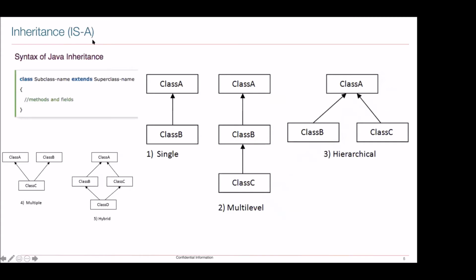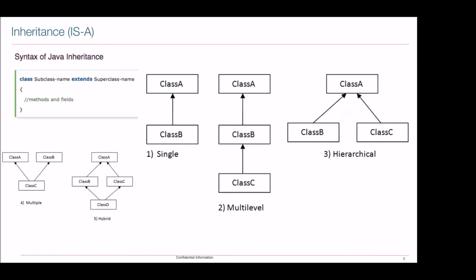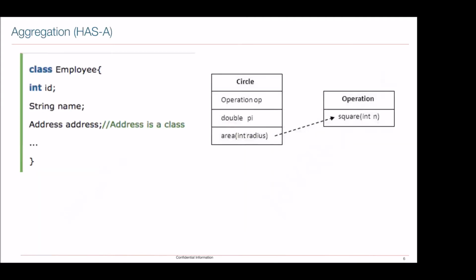Another example is dog is an animal, and dog has nails. Dog has a jaw, something like that. So whatever you possess, that is known as a has-a relationship. So in this case, employee and address is going to be has-a.